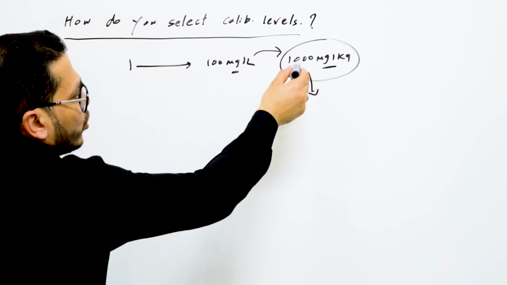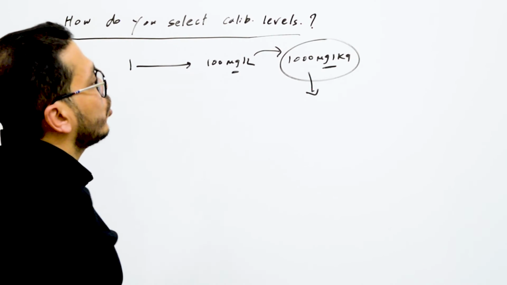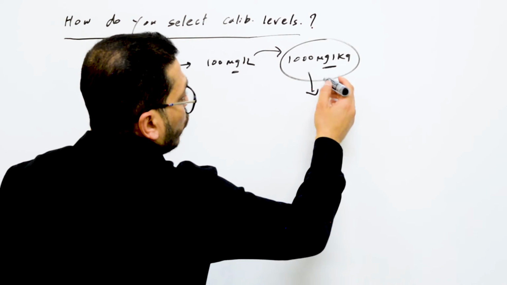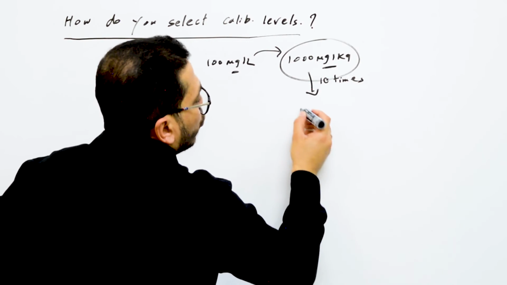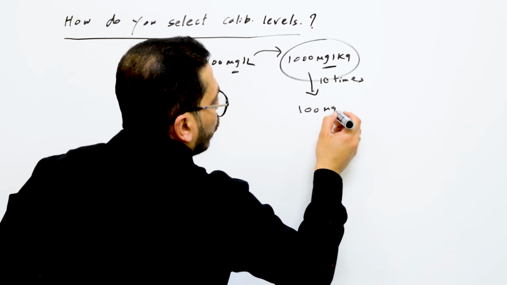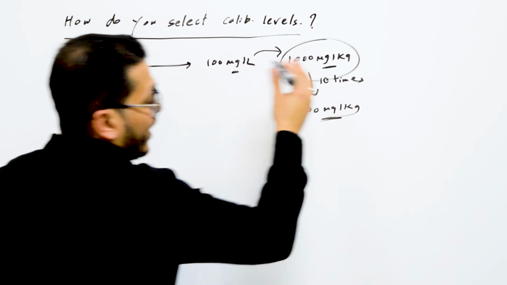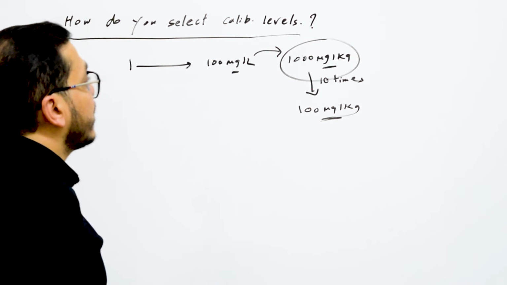So you should dilute this to be in between your calibration levels. If you dilute it 10 times, it should be 100 microgram per kilogram. So better to start with 10 times dilution.